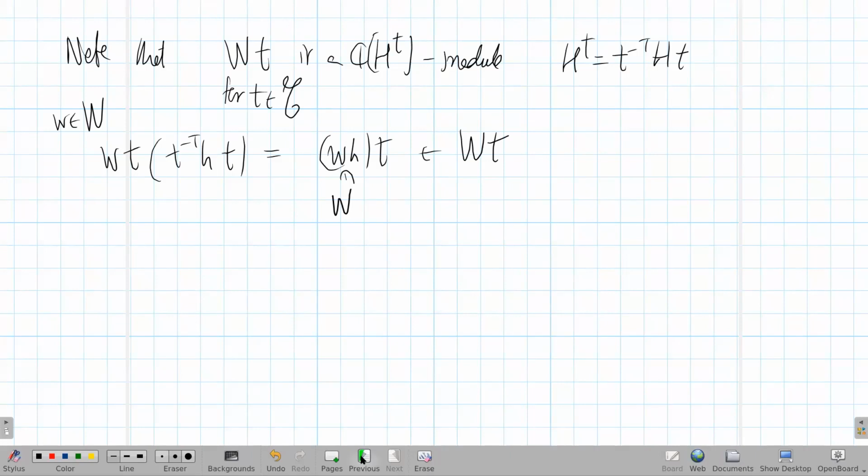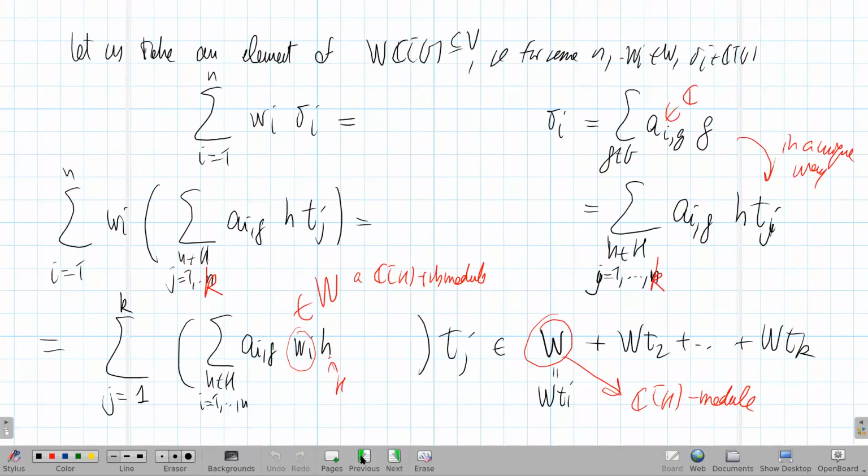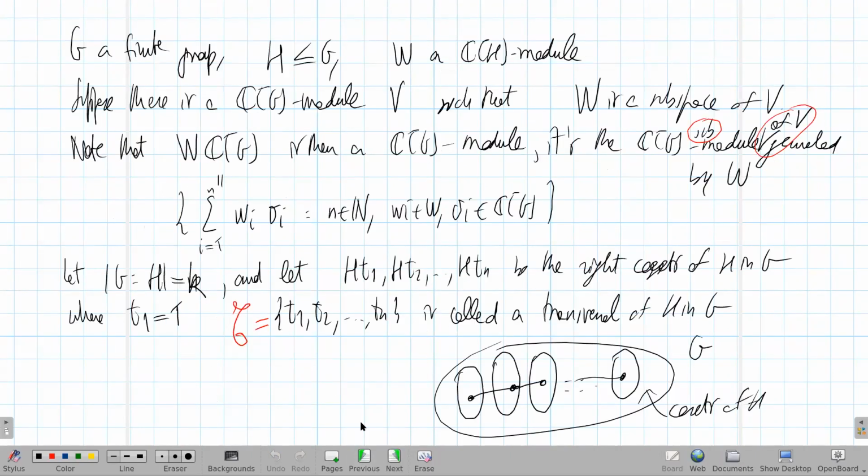So what we have found is that if we have a CG module V, such that W, a CH module, is a subspace of V, then inside V we have this CG module.